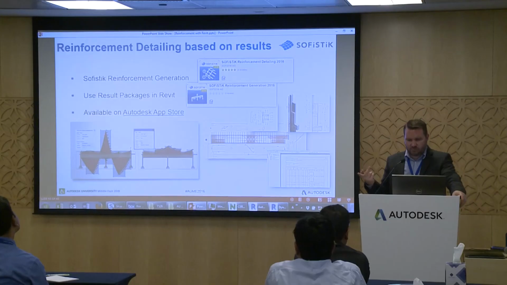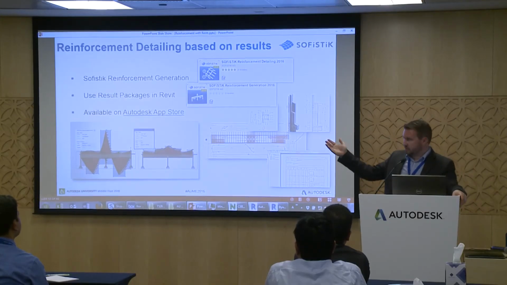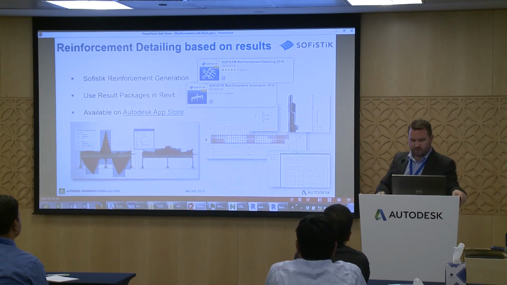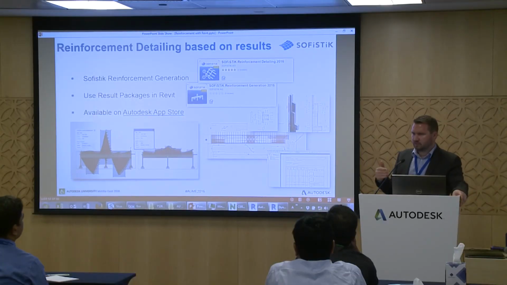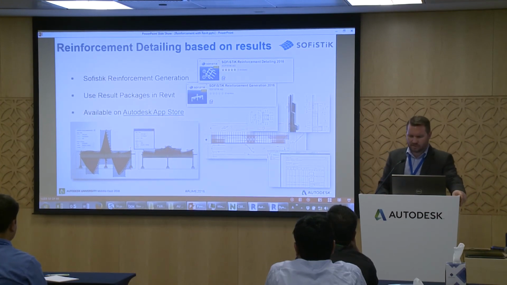The other solution is Sophistic. Two solutions, one which is close to what you saw previously in the Autodesk extension, which is called reinforcement generation. We will generate reinforcement automatically based on what has been calculated. They are quite good even on slab, because you see on slab, I showed you I chose my reinforcement manually. Here it's done a good job on slab too.